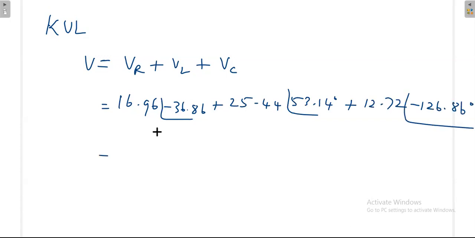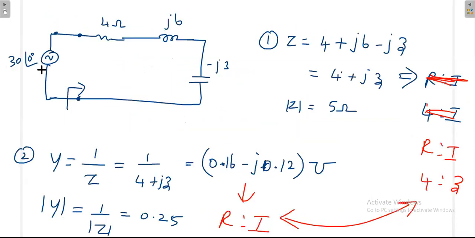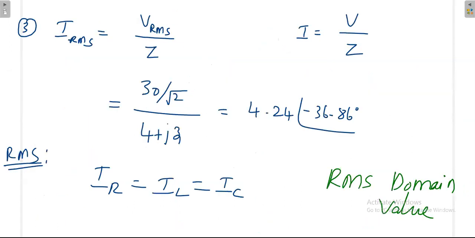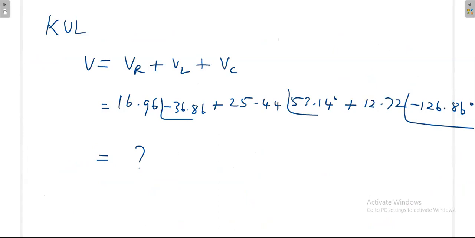Now, what is the value? If you add all these voltage drops, you will get the value that is equal to V. What is the value? 30 angle 0. Now 30 is correct. 30 by root 2 is correct.